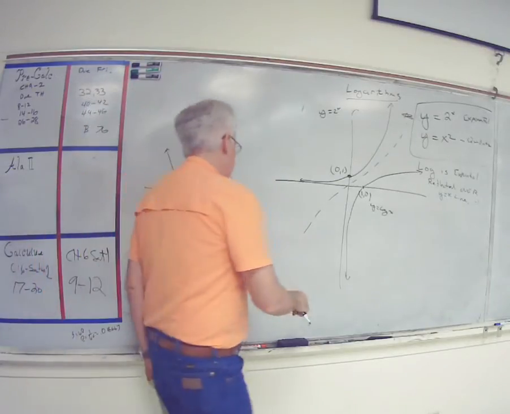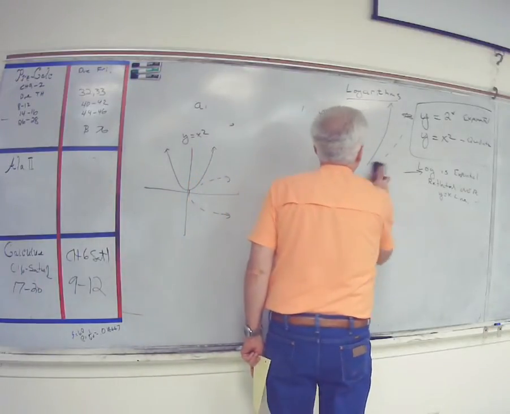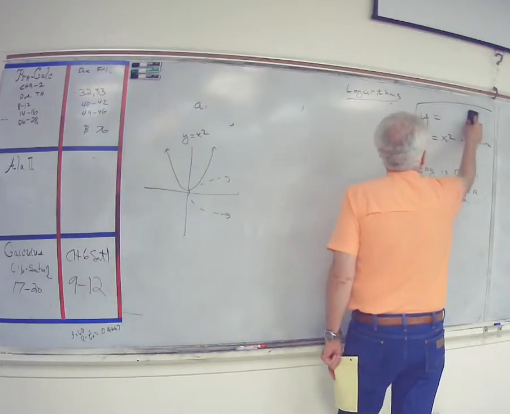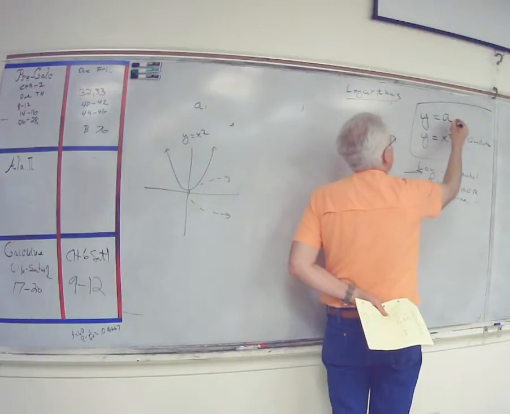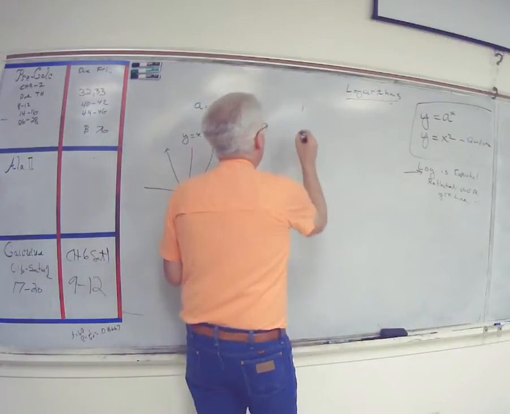Okay. So in general, for an exponential, this is not always going to be y equal 2 to the x. It's going to be y is equal to some constant a raised to the variable x. And similarly, this is a logarithm.